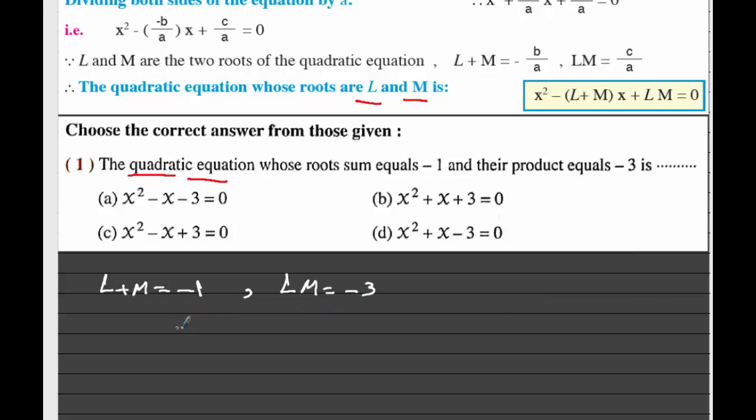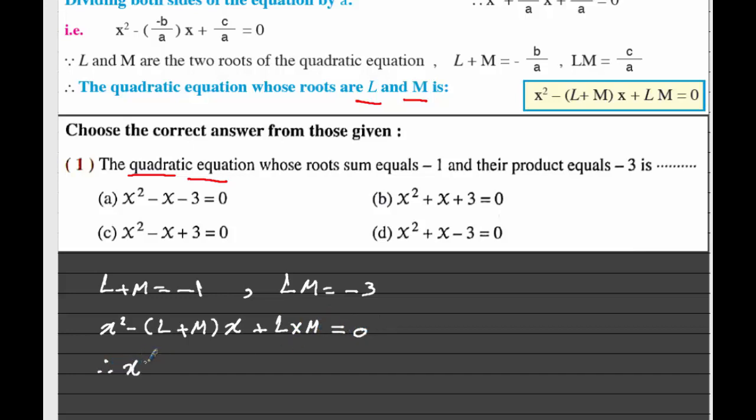So to form the quadratic equation, you must write the main rule: x squared minus the sum of the two roots L plus M, multiply x, plus the product of the two roots L multiply M, equals 0.